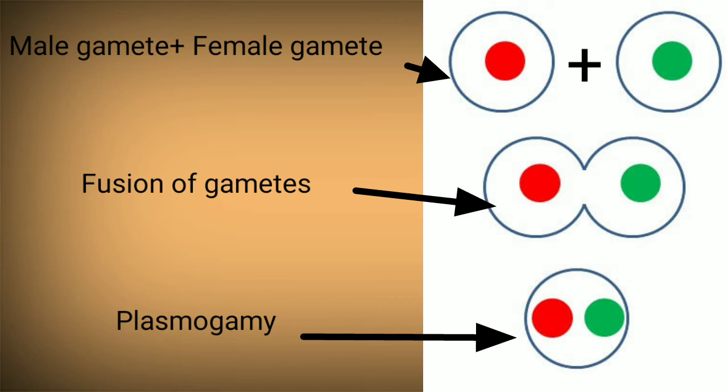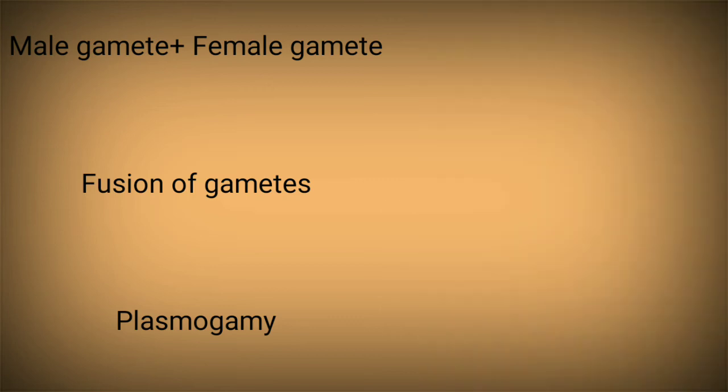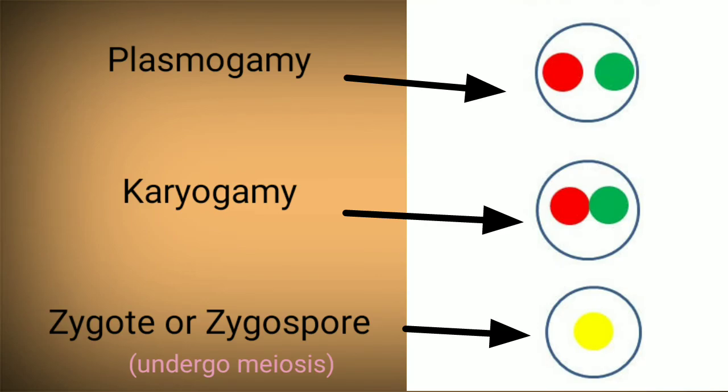The resulting cell is called binucleate or dikaryon. Dikaryon means two nuclei; karyon is the other name for nucleus. So the nuclear fusion has not taken place; only the cytoplasm has fused. This phenomenon is called dikaryotization.